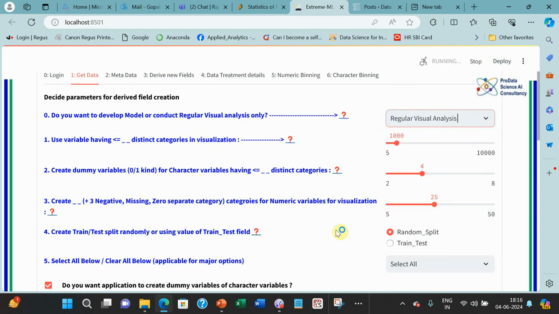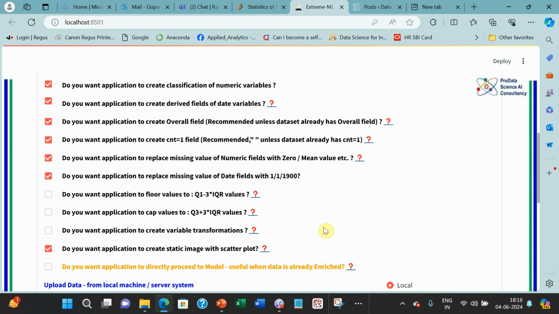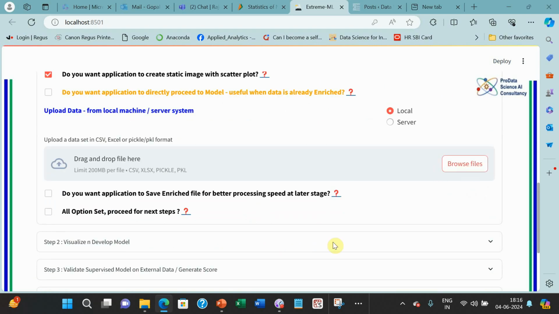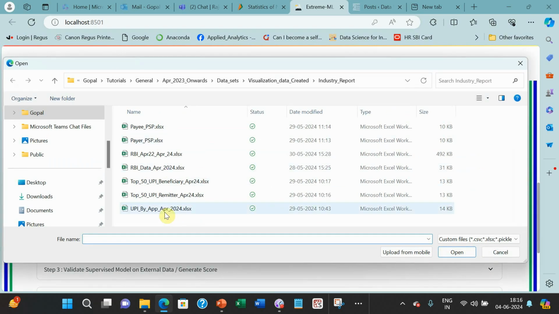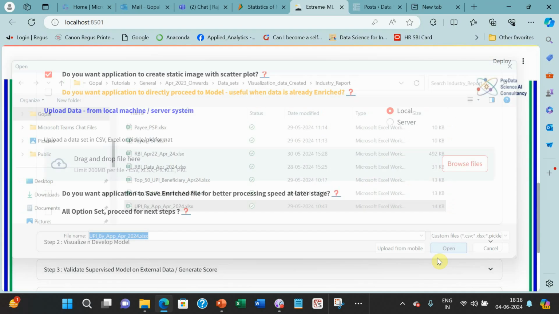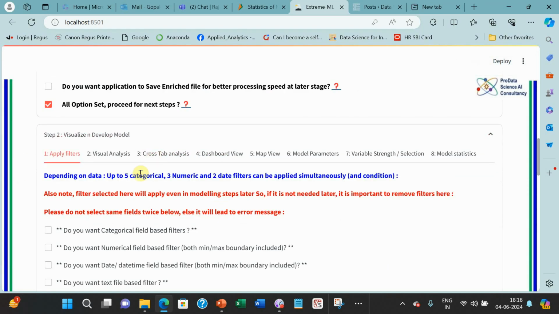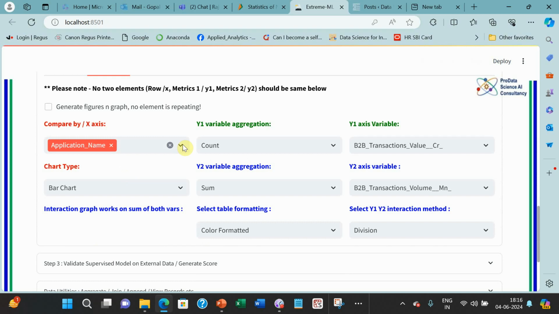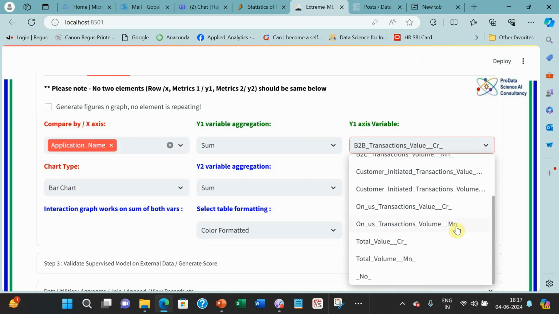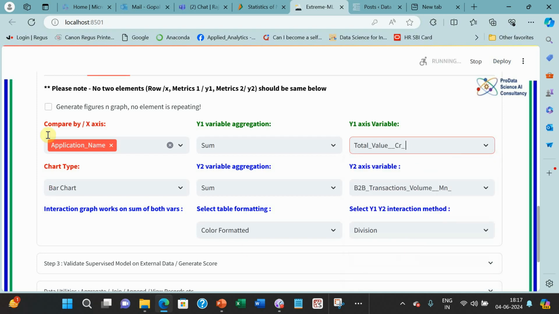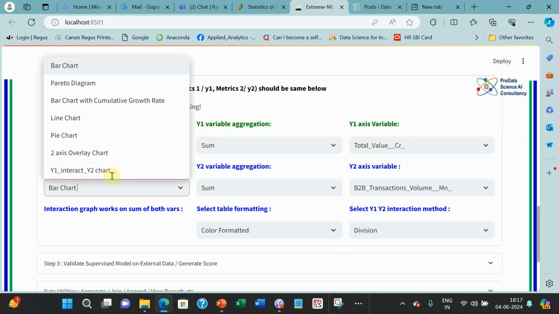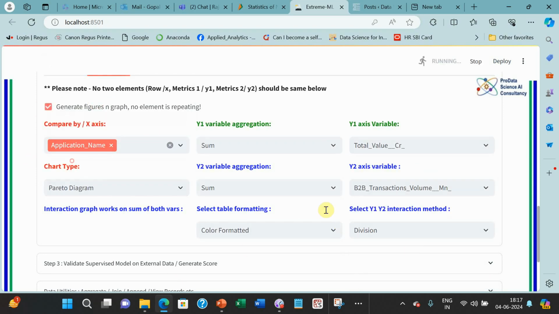I'll use this particular tool, XtremeML, and let's just get the data. Let's say UPI by app, and we'll go ahead and see the Pareto, which are the applications, and let's see the sum by total value, which are the bigger apps. We will see the Pareto diagram.